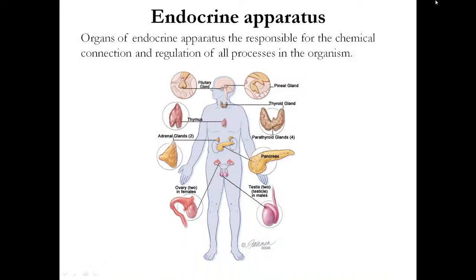Next, the endocrine apparatus. Organs of the endocrine apparatus are responsible for the chemical connection and regulation of all processes in the organism. You see the pituitary gland, pineal gland, thyroid gland. This is the adrenal gland. This is the ovary and pancreas and others. This is the endocrine apparatus.